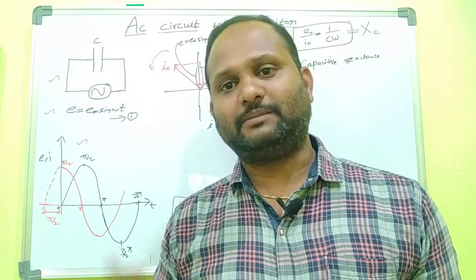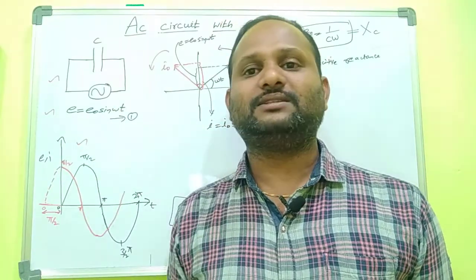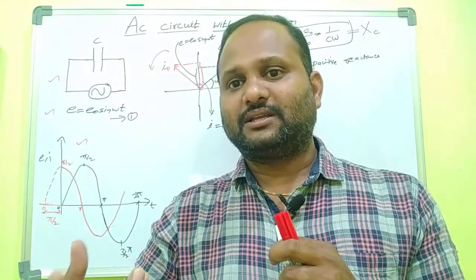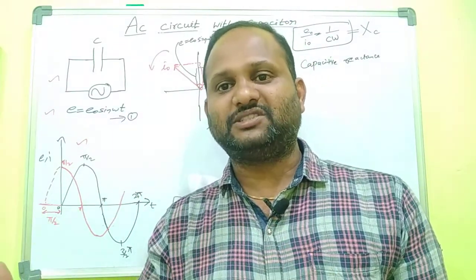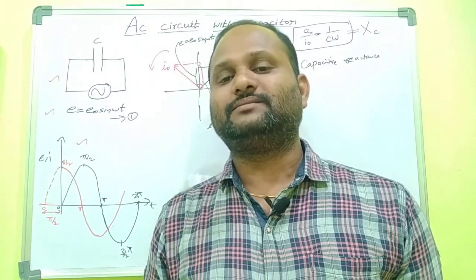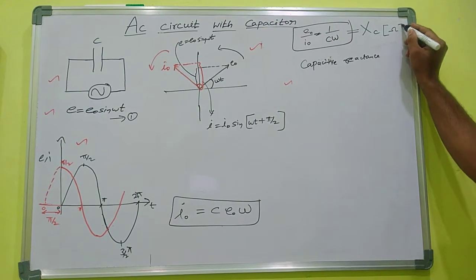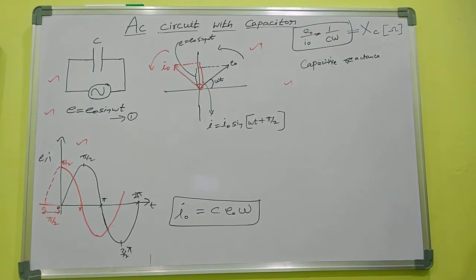The frequency depends on some terms we will discuss. The opposition offered by the capacitor is known as capacitive reactance. Its unit is also ohm, because it is a type of opposition. Xc is equal to 1 by omega C, which is equal to E naught by I naught.